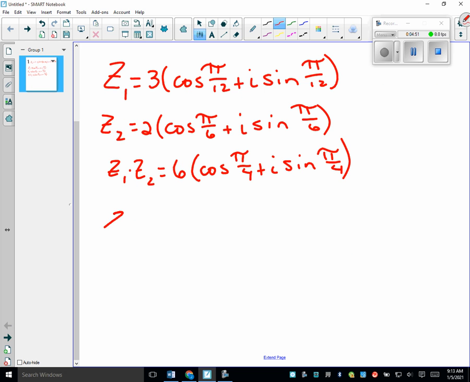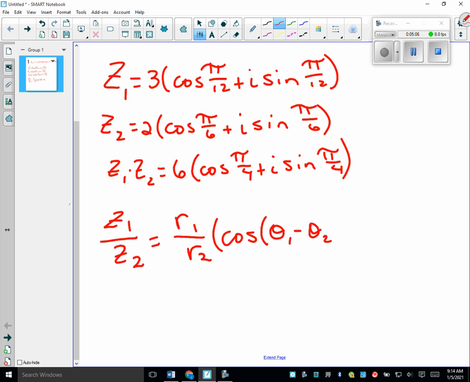Yes. So z1 divided by z2 is r1 over r2 cosine, and we subtract the angles. Completely opposite, isn't it?